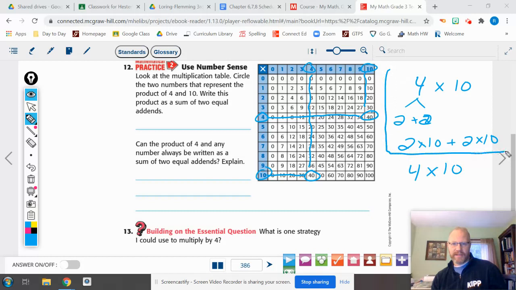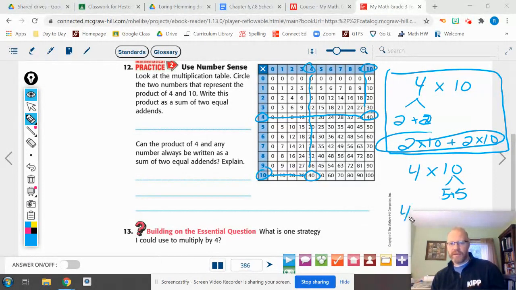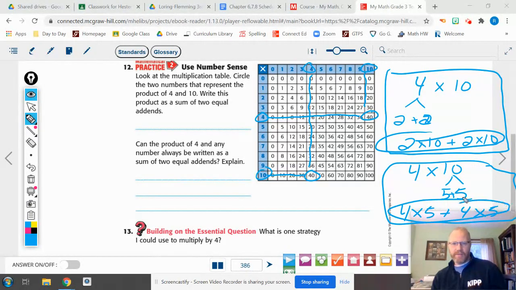I'm just going to box this out. So this could be an answer right here, where you write this on the line. Or you could break down the 10 into 5 plus 5. So then you have 4 times 5 plus 4 times 5. So this is the second way, by breaking down the 10. Because they're both even numbers, you can break each one down. It's up to you which one you would do.